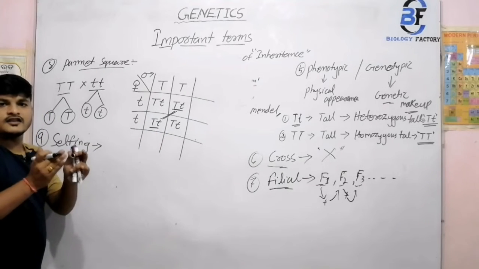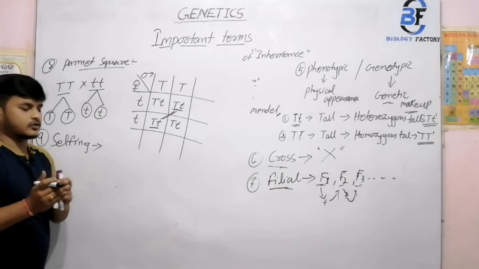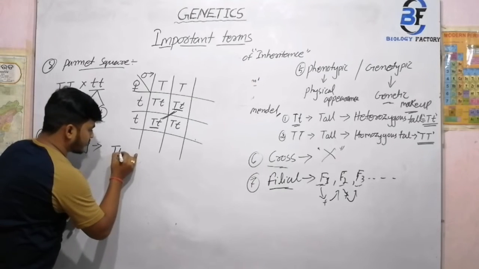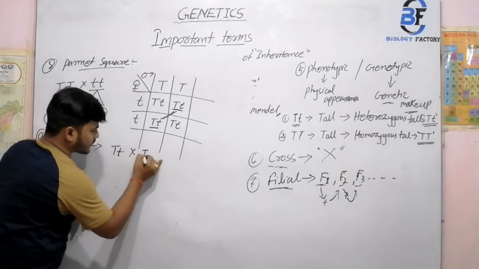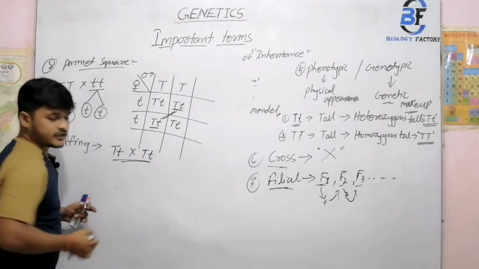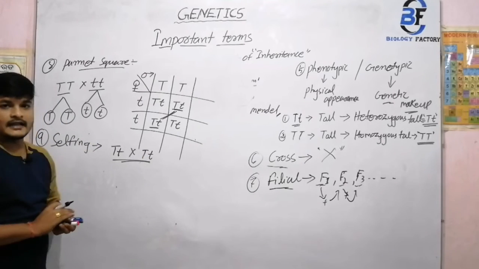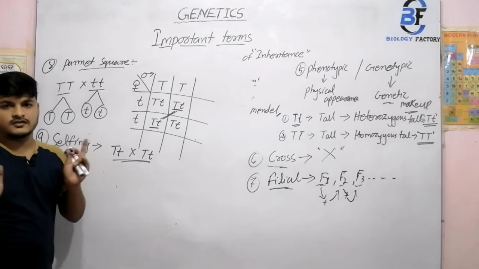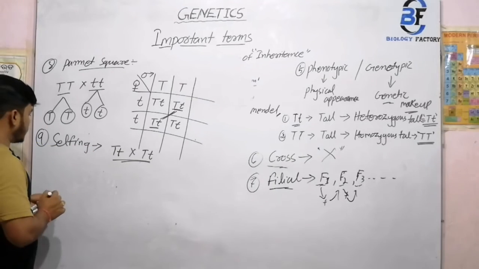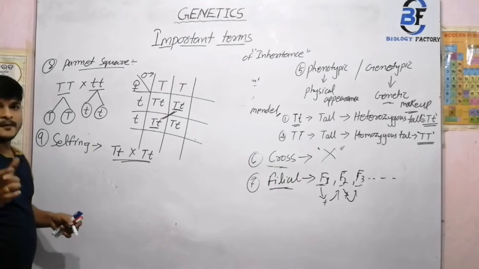Self means in the same type we cross two things. That means capital T is crossed with capital T of the same generation. Then it is known as selfing. Selfing means self cross.